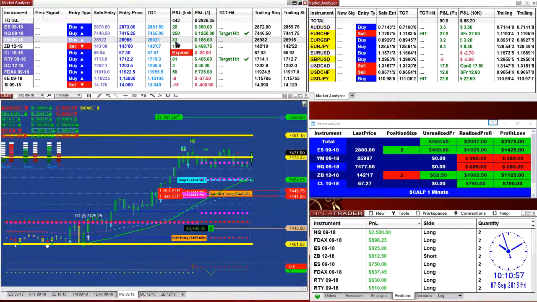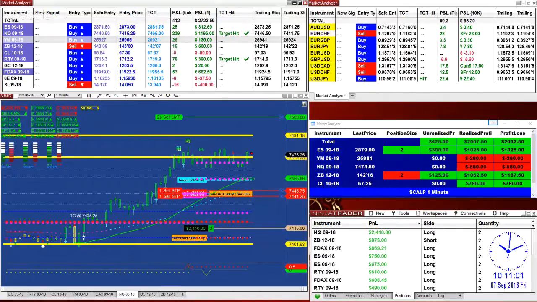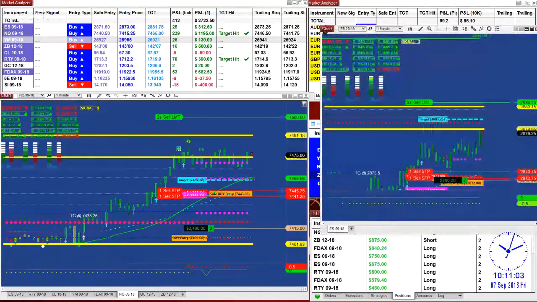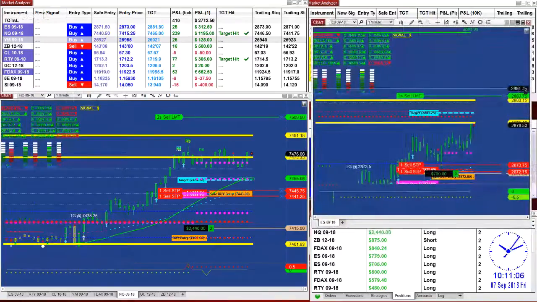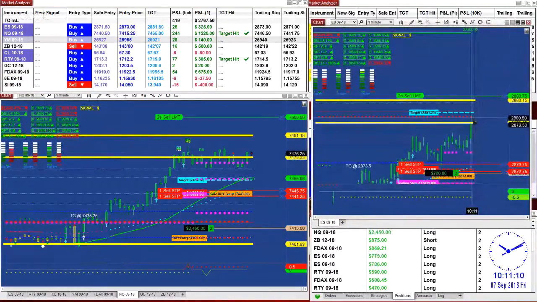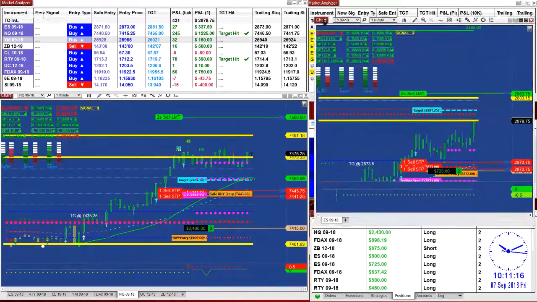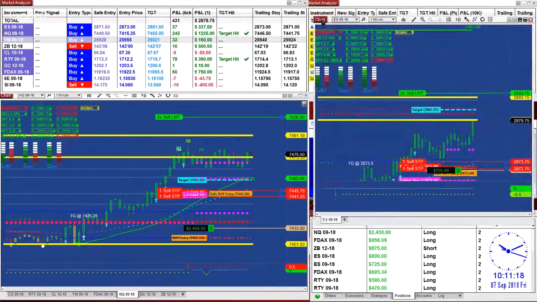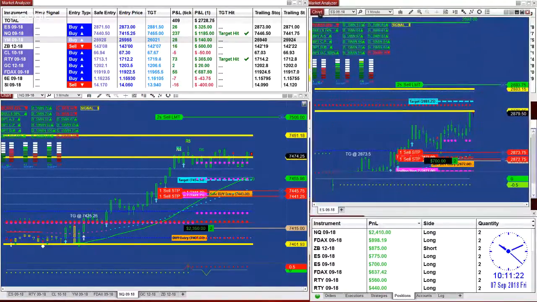So right now, the ES has broken that barrier, and the ES is exactly where we expected. Now we have a bumper here at 28, 80.50, and that is very crucial to see if this ES is able to break this area.